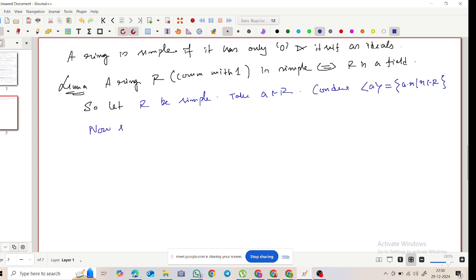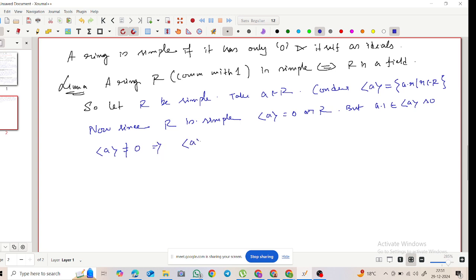Now, since R is simple, the ideal generated by a is 0 or R. But a times 1 belongs to this, so it is not 0, which implies it is R. So what do you get? 1 is there in R, so 1 belongs to the ideal generated by a.